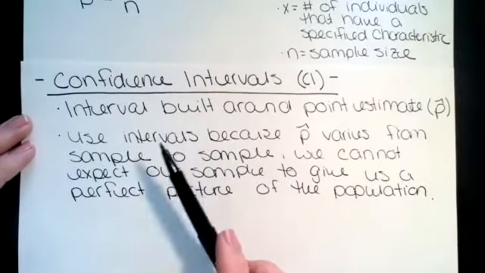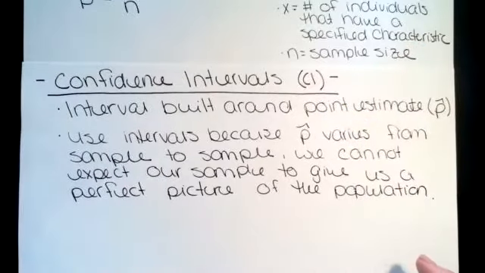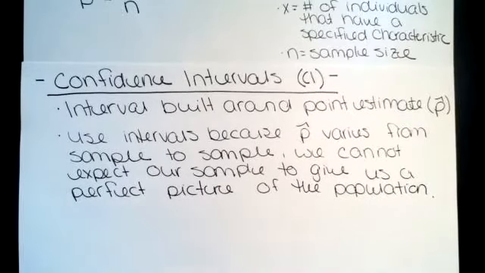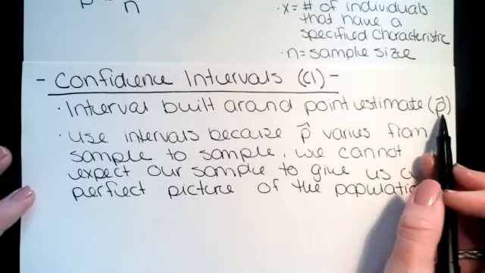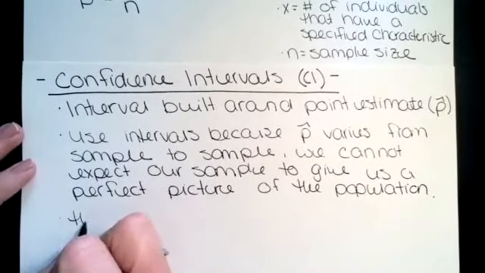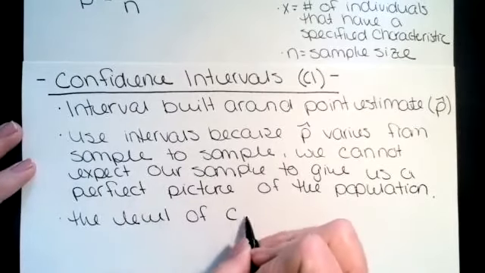So we build an interval. It's a grouping of numbers, right? An interval of numbers, and we'll talk about our population proportion in that way. But it's based on our point estimate, our p hat value. And we have a level of confidence.